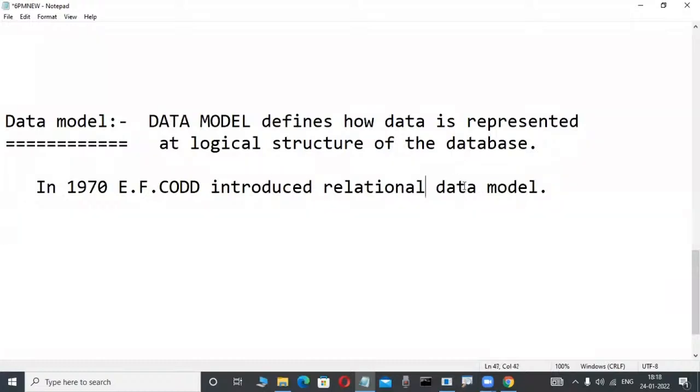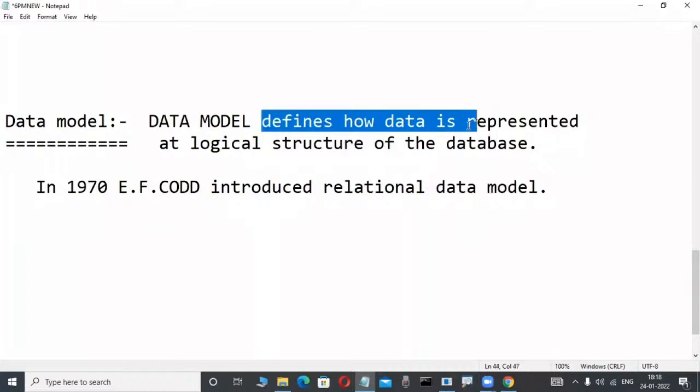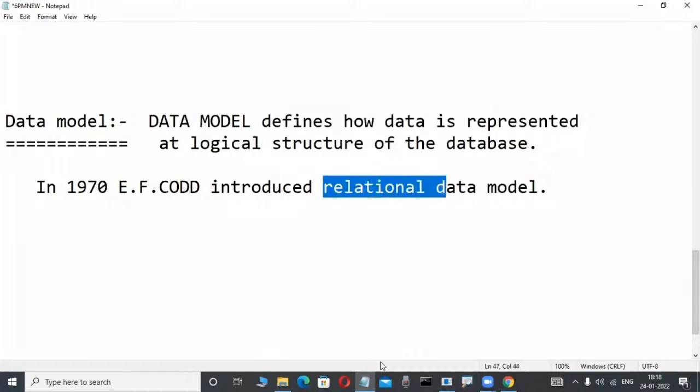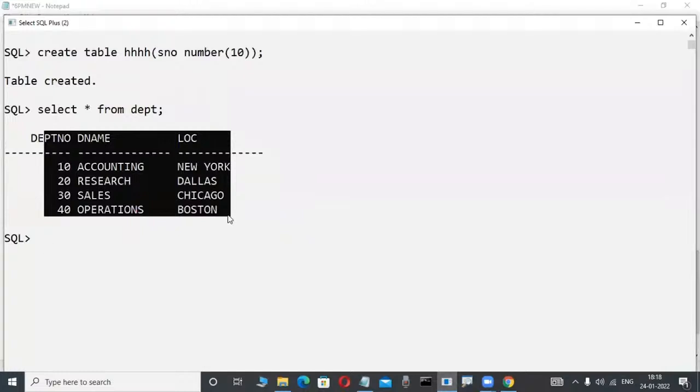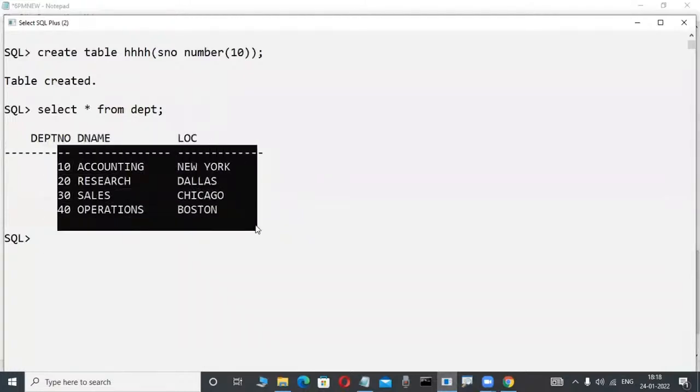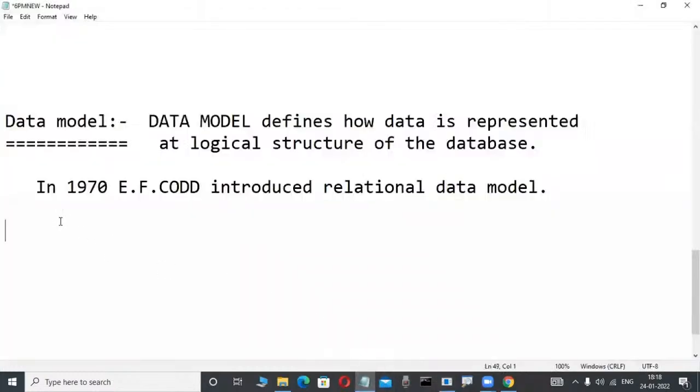Relational data model means what? What is the logic in a logical structure? How is data represented? Relational data model means, in a logical structure, this is a logical structure. This structure is not visible in the operating system. In this logical structure, data is represented in the format of rows and columns. That is nothing but two-dimensional tables.